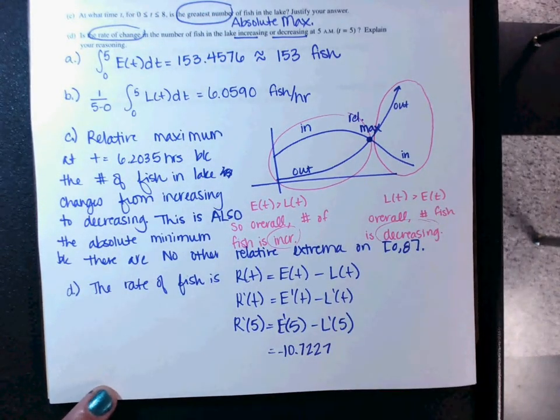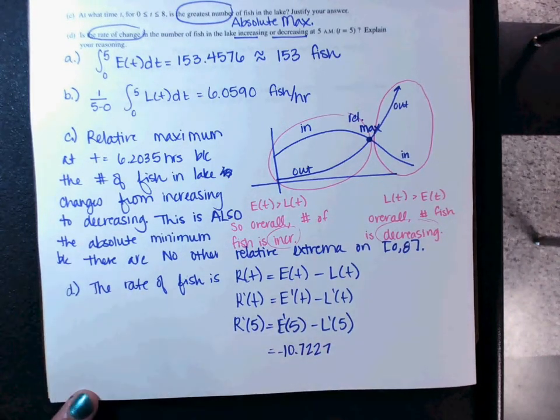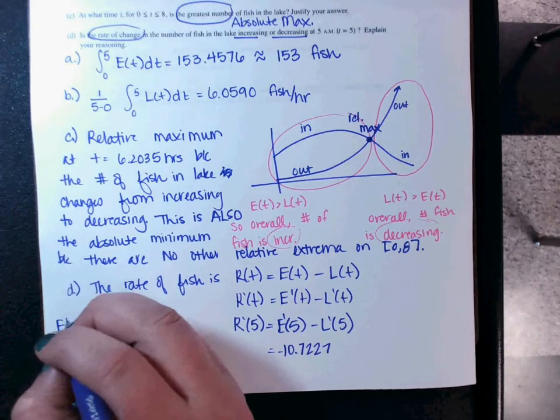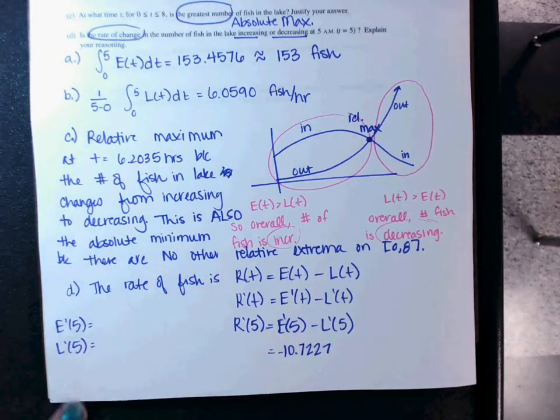Okay, you also could have found these rates separately over here on the side, just found E prime of 5 and then found L prime of 5. If you wanted to do it separately, that would have been totally fine.